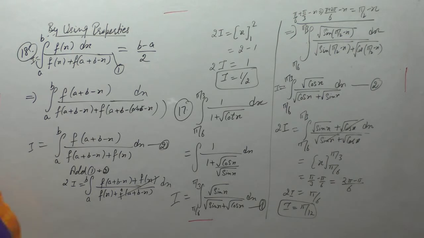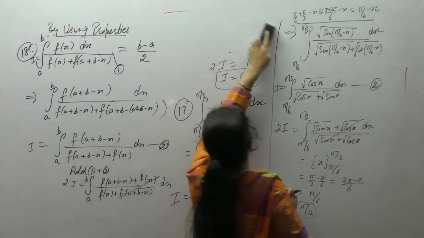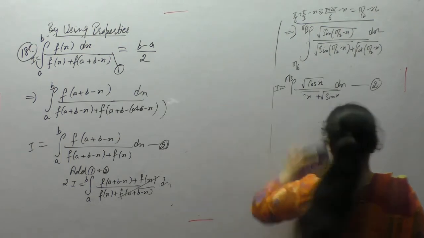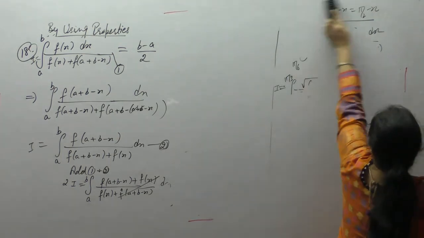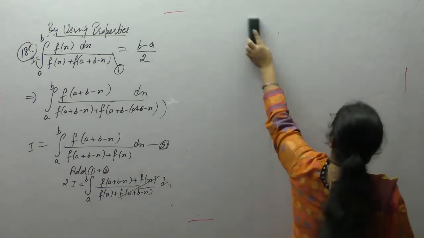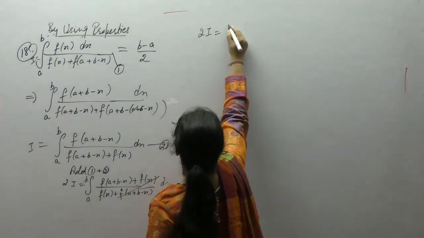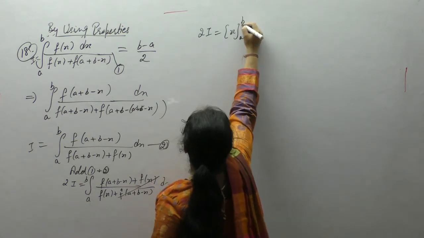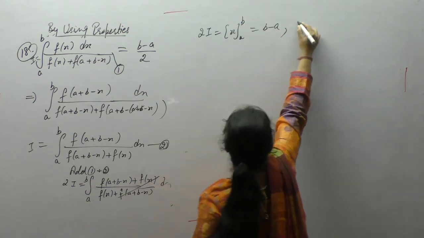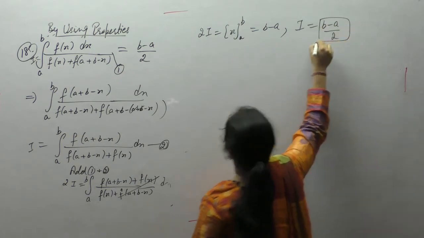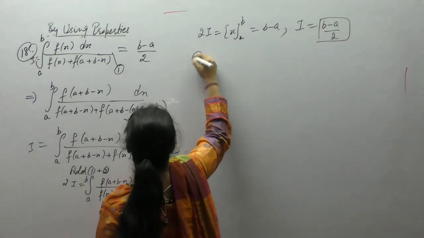Integral of 1 is x. So I is b minus a upon 2. This is what we want to prove.